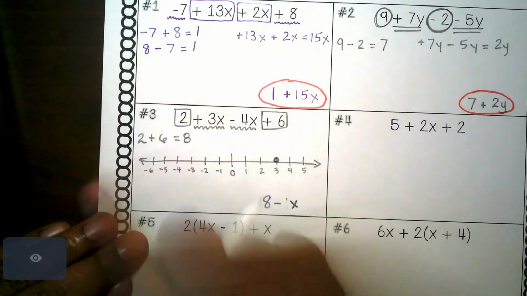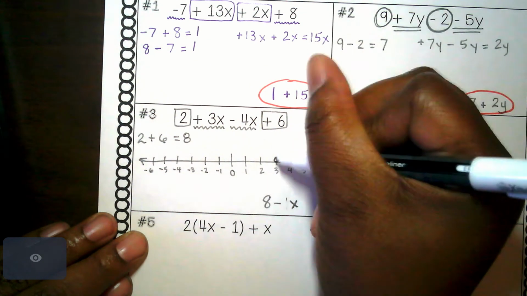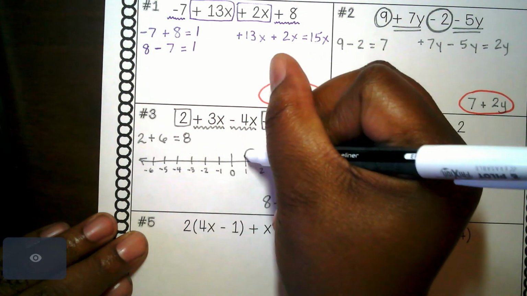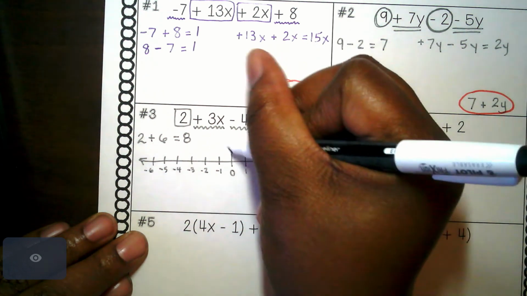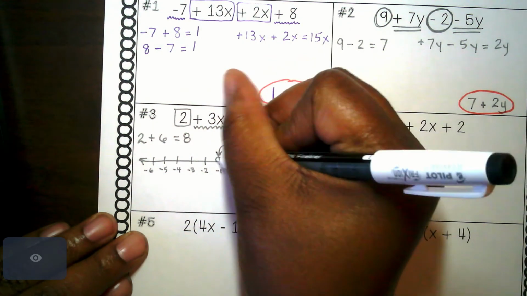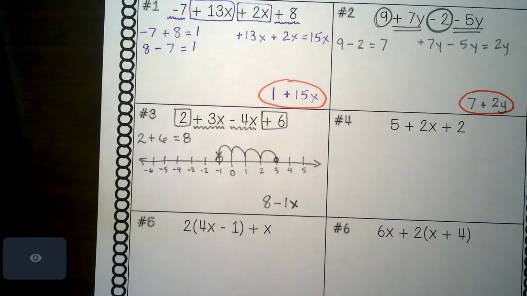I'm going to go backwards. That means I'm going to make 4 of these jumps. From 3: 1, 2, 3, 4. And this is where I land, at negative 1. All right, so those are just a few ways of showing you how to do that.